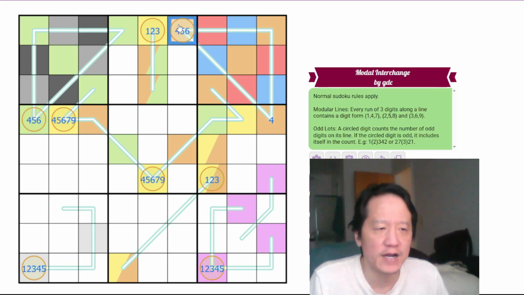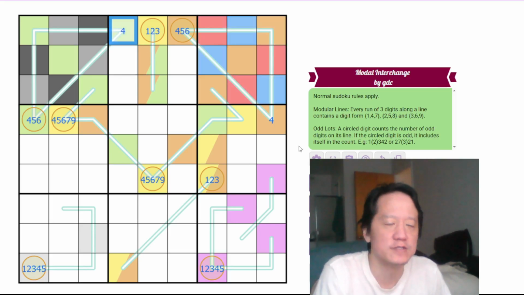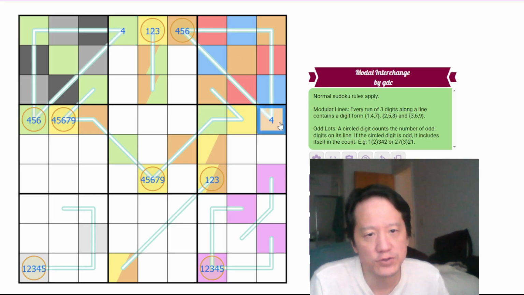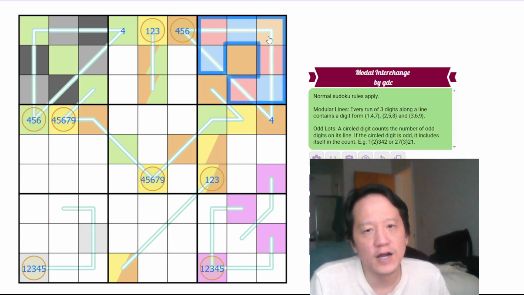If we had 5, similarly, this is 4 if it's 1 modulo 3. If it's 5, that means this could not be 5. This would be 2 or 8, so again, that would be an even digit.